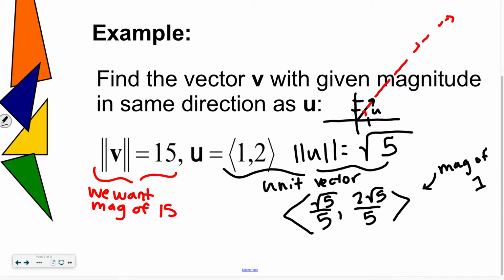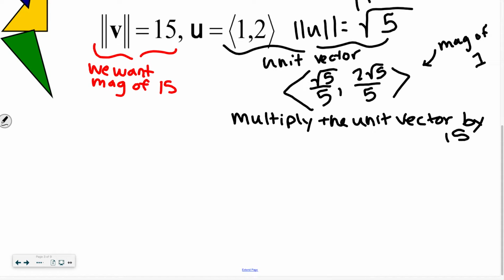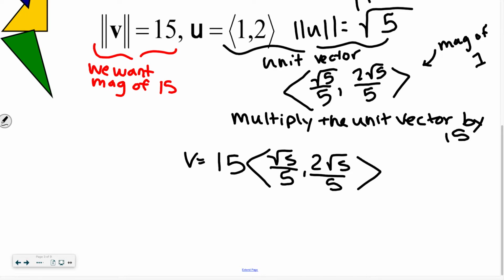Now if I know that that unit vector has a magnitude of 1, I can get my desired magnitude using a scalar. So to get v, multiply the unit vector by 15. That'll get us our desired magnitude. So v equals 15 times square root 5 over 5, 2 square root 5 over 5.